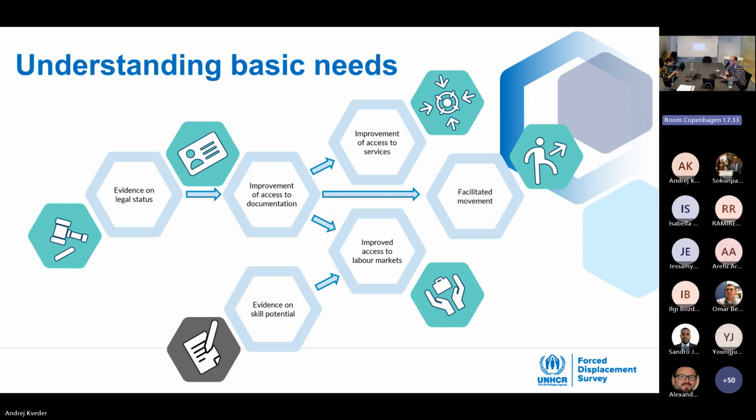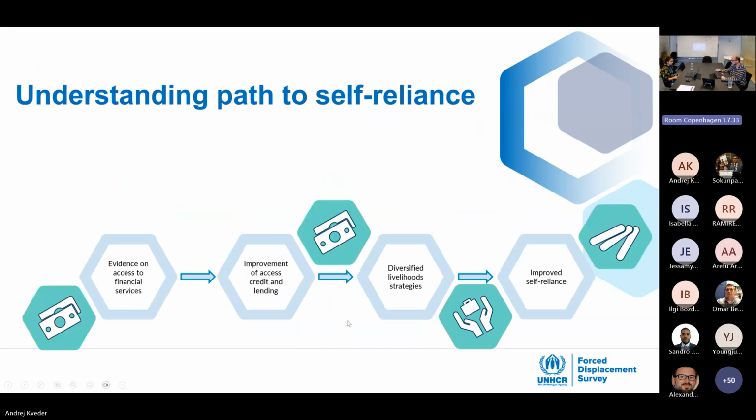So we base the understanding on the legal status, which is of course for us the key element in trying to identify the populations. With improved access documentation, we can then measure access to services, facilitation of the movement, access to labor markets, and understand things like skill potential of the populations that we're studying.